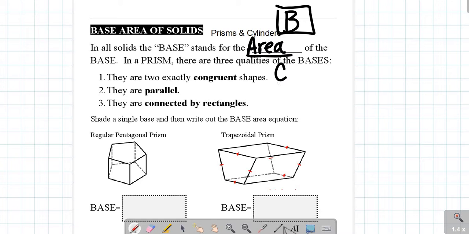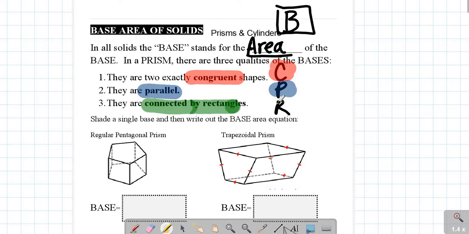Think CPR. In prisms and cylinders, the bases are congruent shapes. Those two congruent shapes are parallel, and those two congruent shapes are connected by nothing but rectangles.